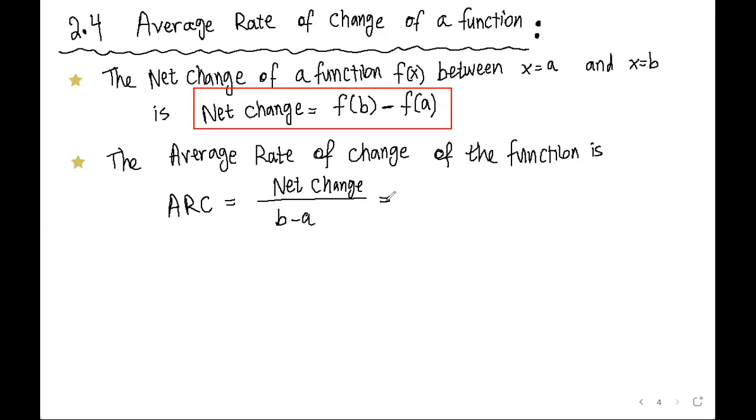In other words, because the net change is given in the formula above, it is f of b minus f of a over b minus a.